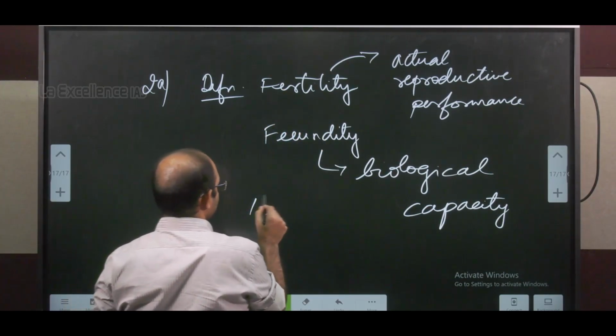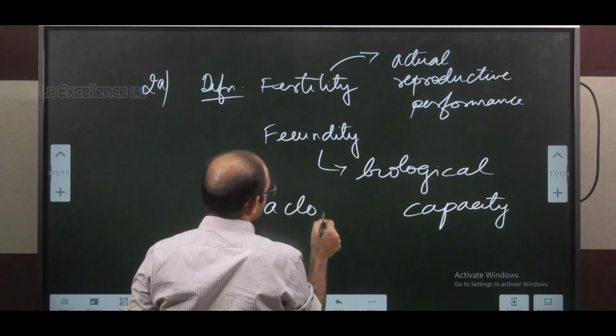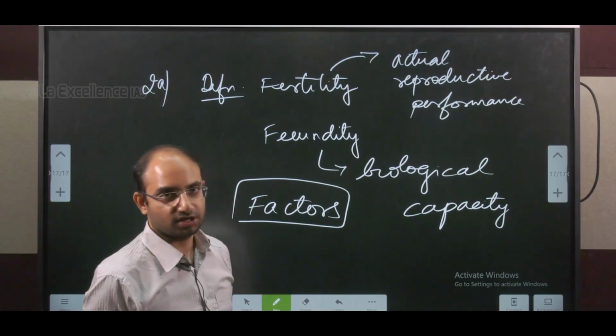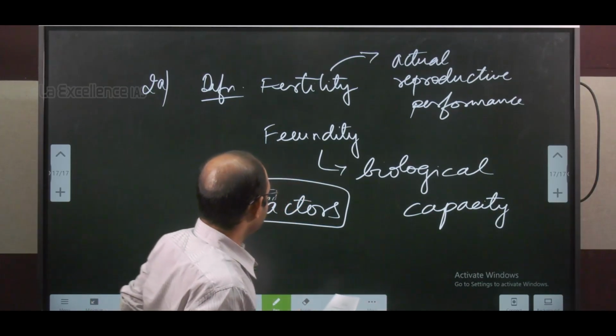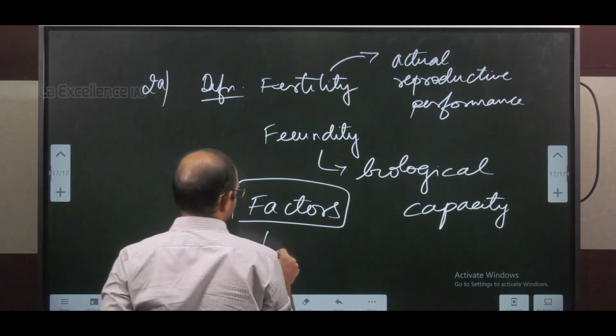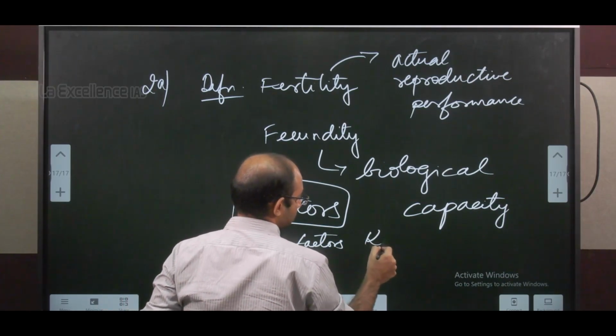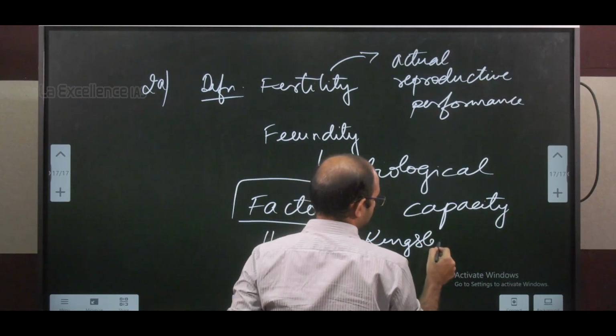And then discuss the various factors for both fertility as well as fecundity. Here you have 11 factors given by Kingsley Davis and Judith Blake.